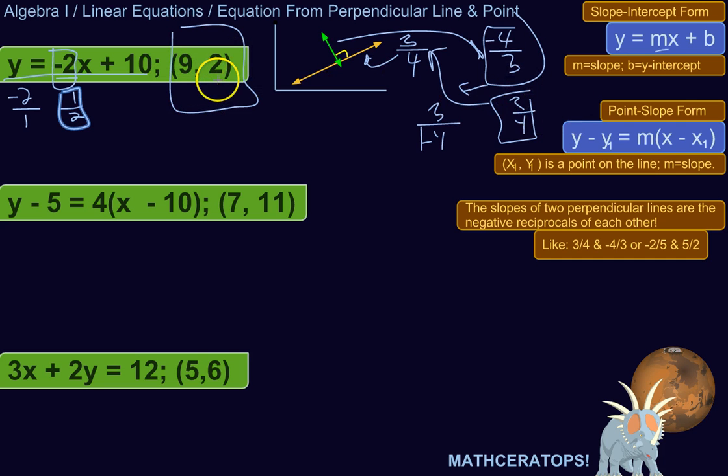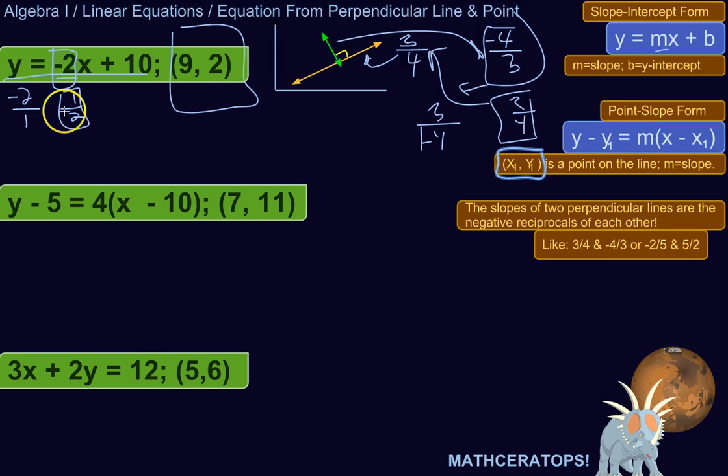For me, the easiest way to write an equation where I've got a slope and a point is the point-slope form, right? The point-slope form says if I've got a point on the line, which we call (x1, y1), the x-coordinate and y-coordinate, then it's y minus the y-coordinate of the point on the line equals the slope times x minus the x-coordinate of the point on the line.